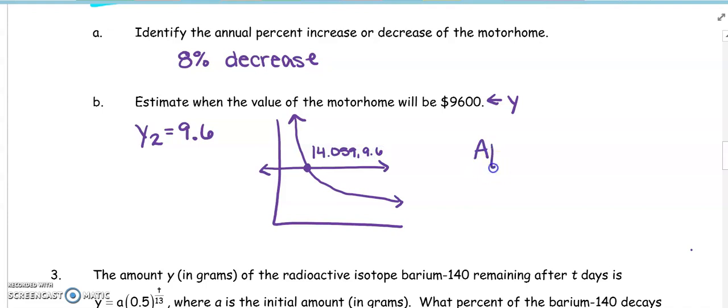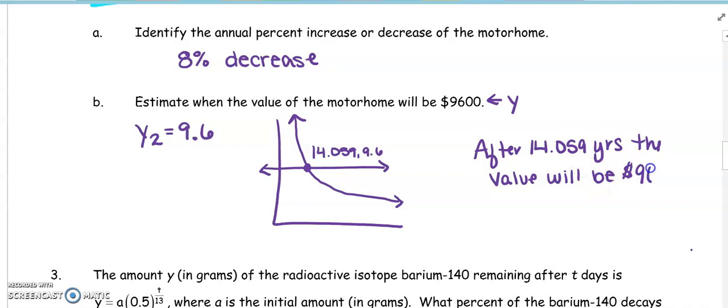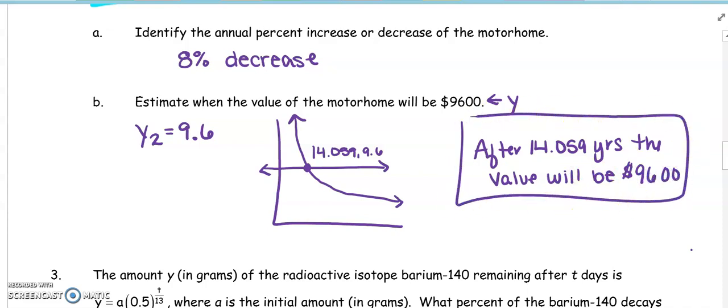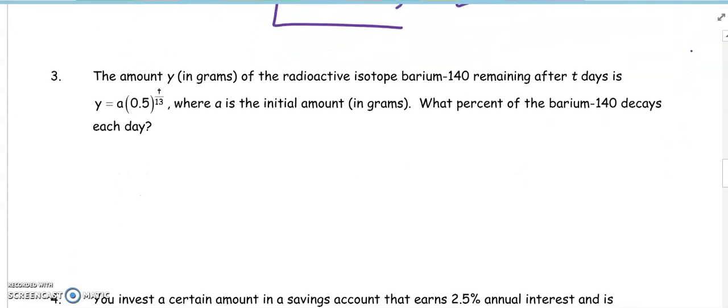So after 14.059 years, the value will be $9,600. All right, again, your answer should be written in that complete sentence.